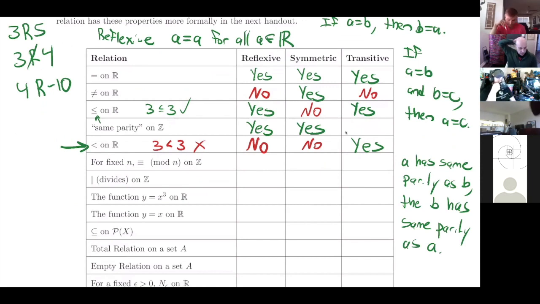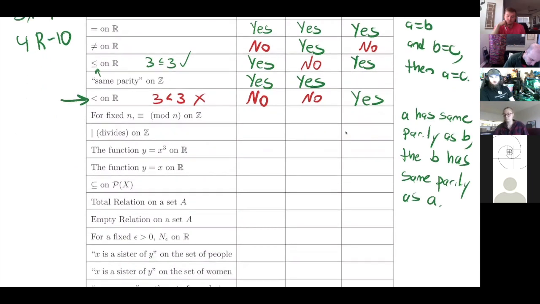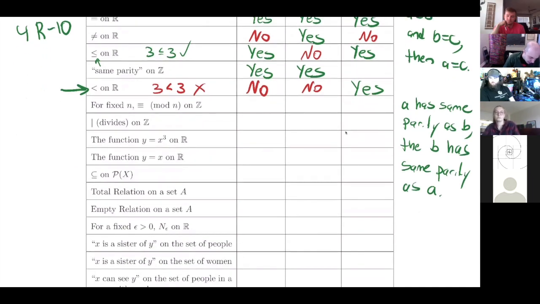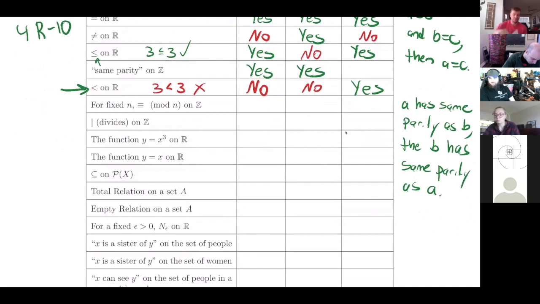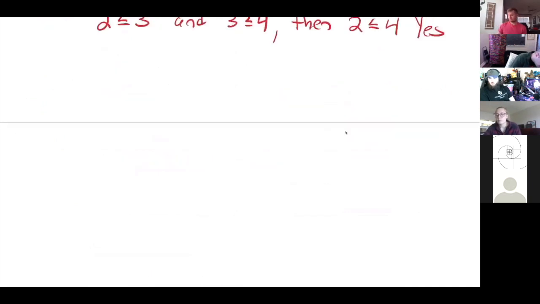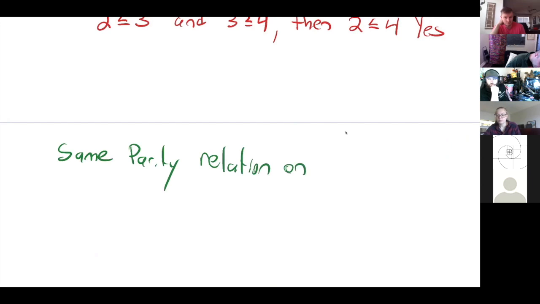And then there was some division of opinion with the transitive property. So let's think about this. I'll come over here and do some scratch work. I think this was defined on Z. And the question is, is it transitive?